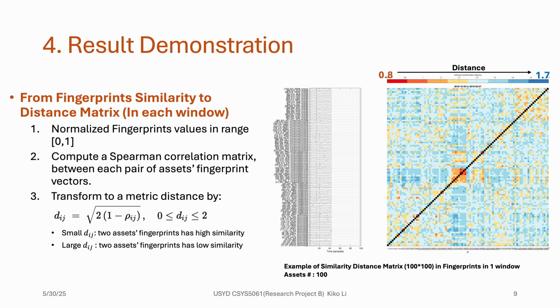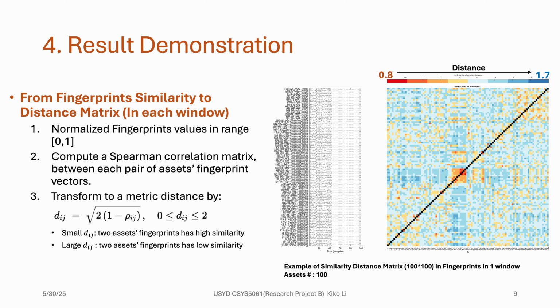Step 3, transform to distance. We convert each correlation value in the matrix into a distance by the distance equation below. This makes the distance between assets range from 0 to 2, where highly correlated assets have a shorter distance and lowly correlated assets have a longer distance, which follows the intuition of what distance means. On the right-hand side, you can see a single 100 by 100 distance matrix from one window.